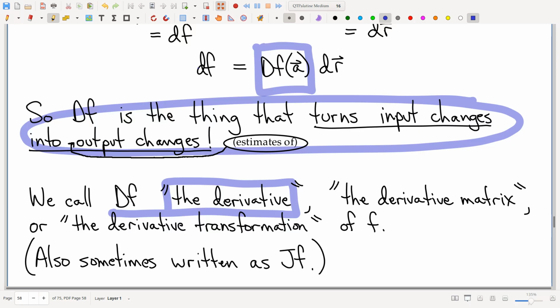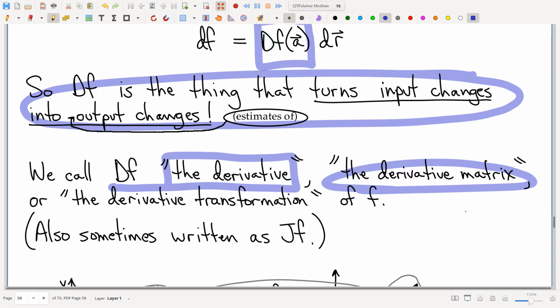Okay, just a little bit more terminology. Because it's a matrix, sometimes this gets called the derivative matrix. No surprise there. Because matrices are linear transformations, sometimes this is called the derivative transformation. That one's a little bit less expected, but if you think it through, it makes sense. And that's what matrices are, ultimately, linear transformations.